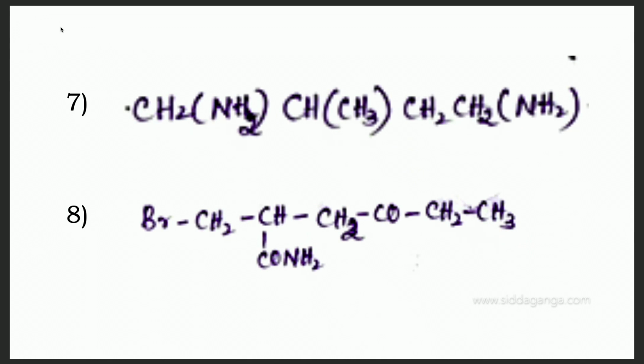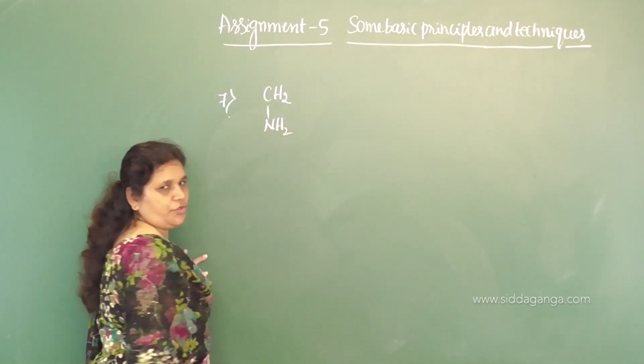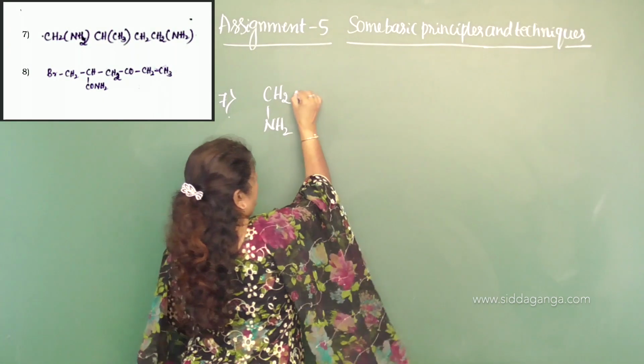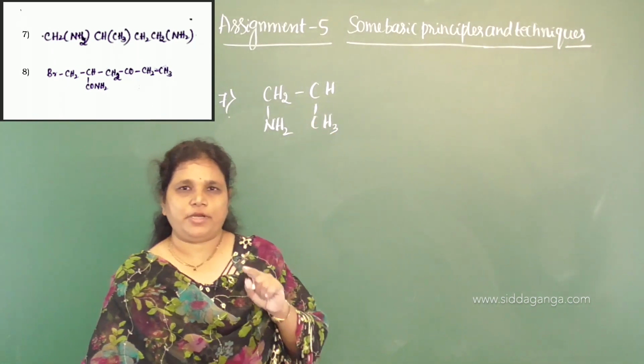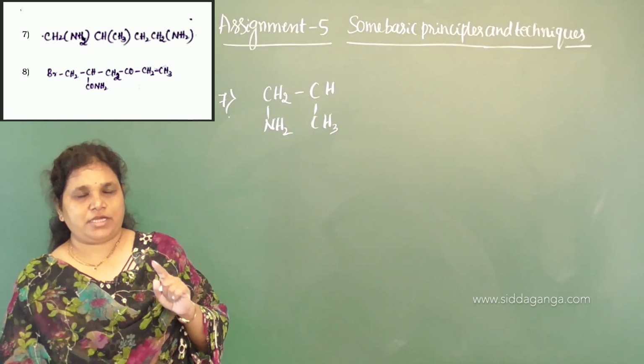The seventh compound, that is CH2NH2, means the NH2 group must be attached to the CH2 group only. CH2NH2, CH3. When CH3 is given in a bracket, it means that the CH3 belongs to the same carbon which comes before it.